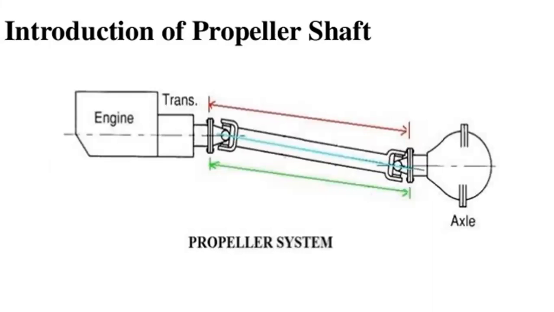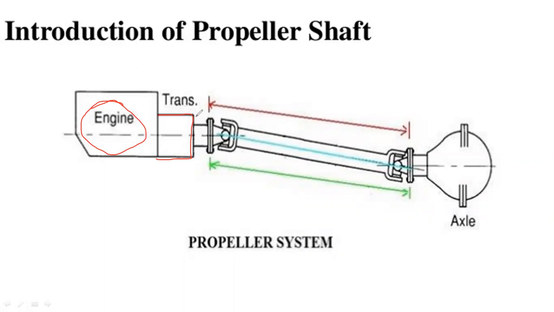You can see the introduction of this propeller shaft, where we should place it, and what types of joints are used in the propeller shaft system in the automobile vehicle. First there is the engine, in which the pistons and connecting rod are placed. Then there is the transmission system, where torque is transmitted using different clutches.